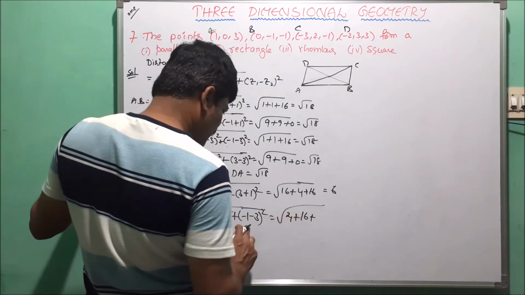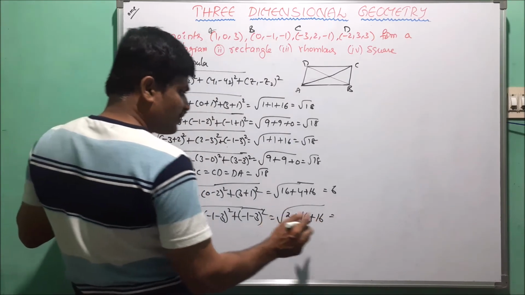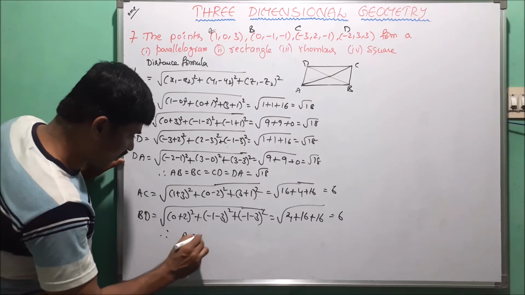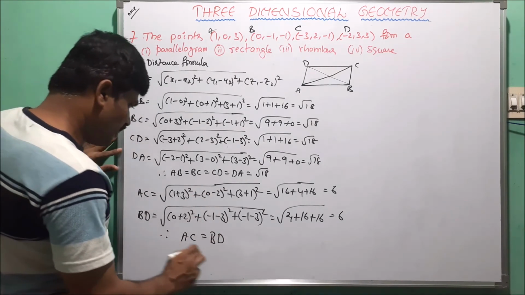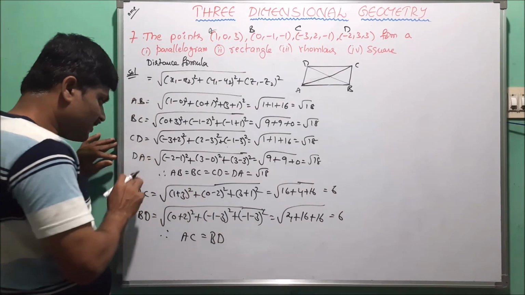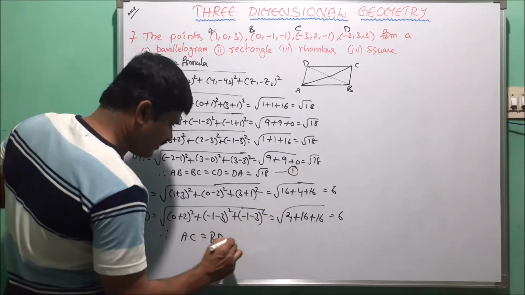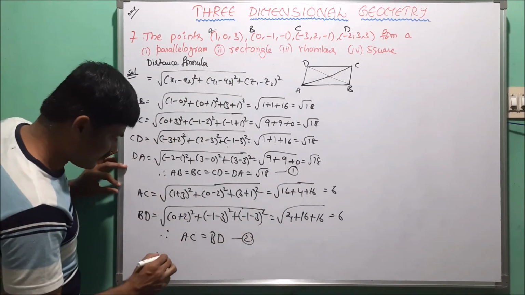This is also 4 square 16. So here also 32 plus 4, 36. Square root 36 is 6. Now the diagonals are also equal. AC equal to BD. So here we have to observe all sides are equal and diagonals are equal. From these two conditions, the given points form a square.